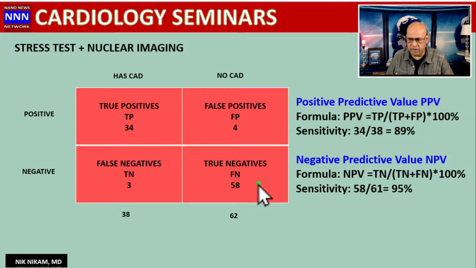Now, if you look at the positive predictive value, which was 69%, it has gone up to 89%. That means you're able to identify real heart patients with much more accuracy than what you were doing before. Similarly, the negative predictive value of combining a stress test with nuclear imaging went up to 95%.